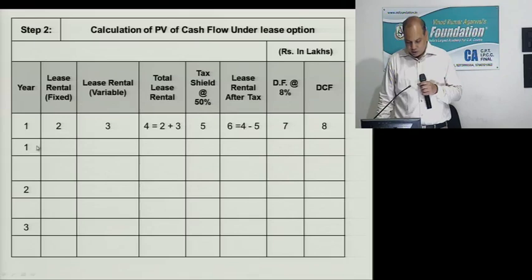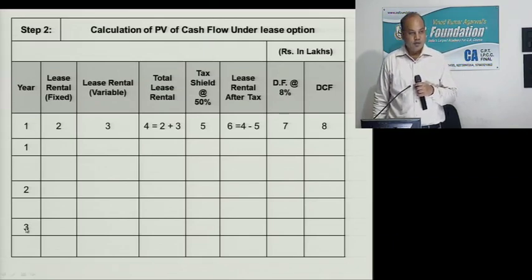Keep one line blank after each year, 1 or 2 lines. If you can afford 2, then 2 lines. If you are very poor, below poverty line, then 1 line, then 3.